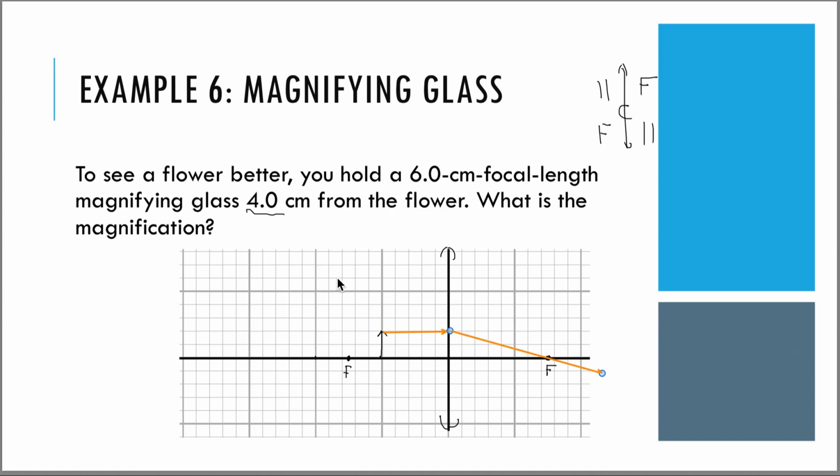Our second ray is going to go through the center and keep going. So I'll draw it straight through that center there and keep it going. There we go. You can see that the rays are diverging here. And then our third ray has to go through the focal point on the left side, but since the focal point is over here, we have to appear to come from that focal point.